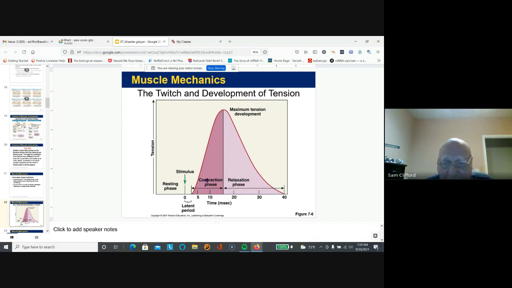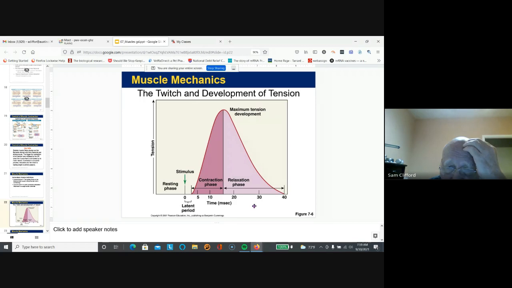There's a contraction phase, there's a relaxation phase. It only takes about 15 to 16 milliseconds for the muscle to contract. Remember, a millisecond is a thousandth of a second.